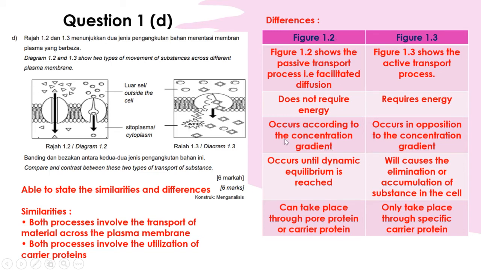Figure 1.2 follows the concentration gradient, the movement of substances from the higher concentration area to the lower concentration area. Figure 1.3 occurs against the concentration gradient. It moves from the lower concentration area to the higher concentration area.